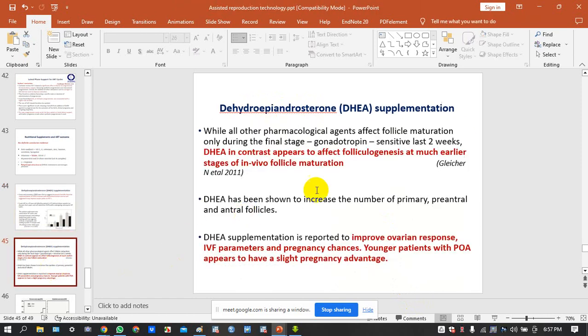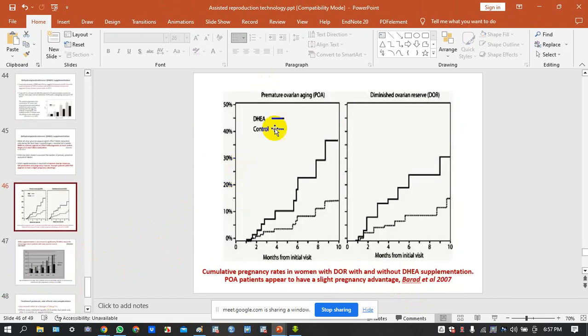So what happens to the embryos using DHEA? What happens is that for women with premature ovarian aging, if you inject them with DHEA, the cumulative pregnancy rate will be high.